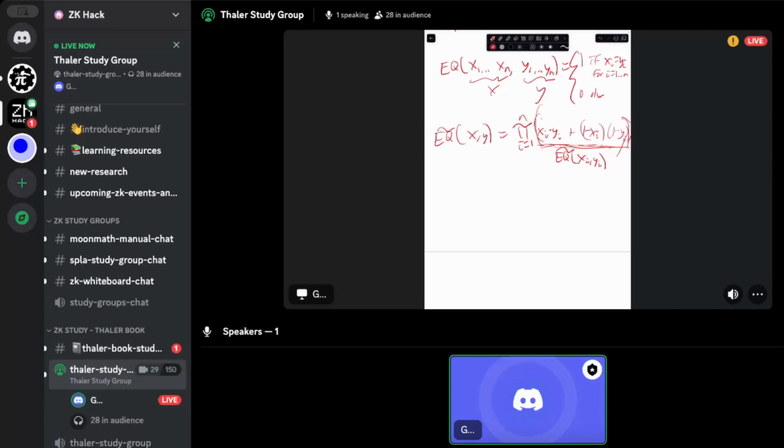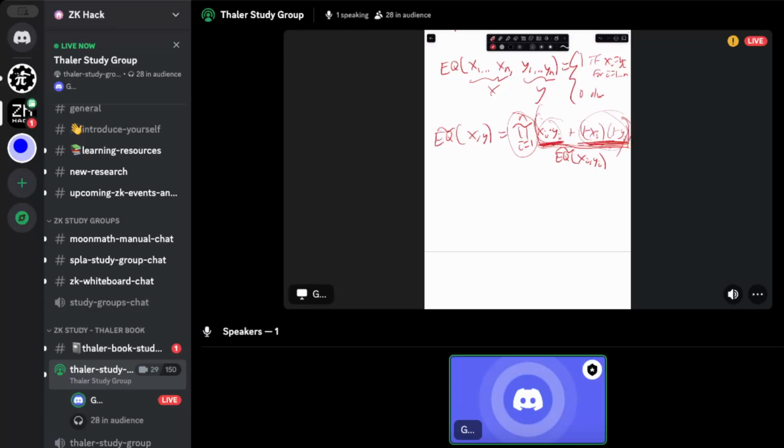You can just check, it maps (0,0) to 1, because x_i times y_i is 0 at (0,0), but (1 minus x_i) times (1 minus y_i) is 1 at (0,0). So this handles mapping (0,0) to 1, and this handles mapping (1,1) to 1. But if x_i equals 0 and y_i equals 1, or vice versa, then both of these terms are 0. And then all this is doing is multiplying together the bit-by-bit equality checks.